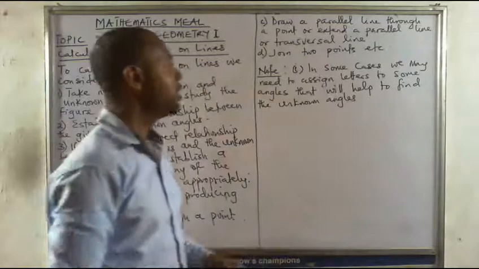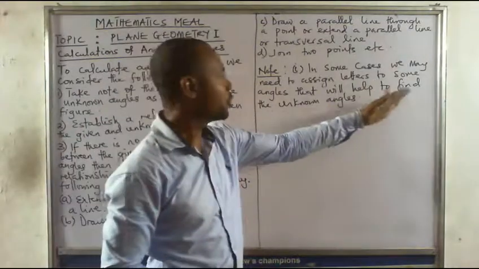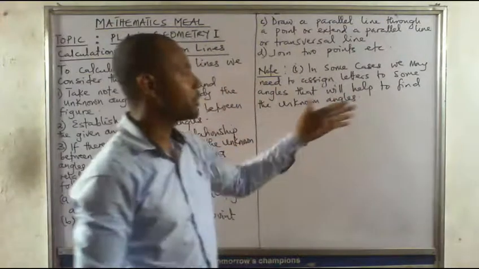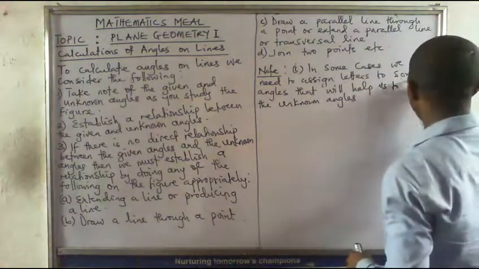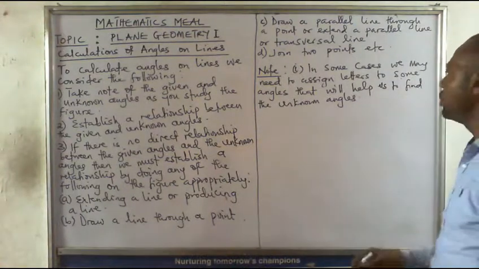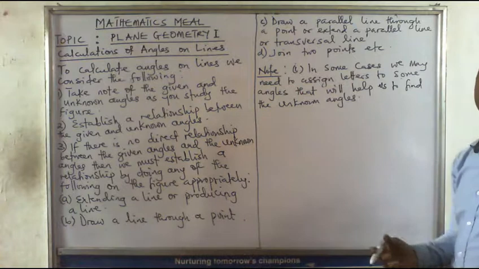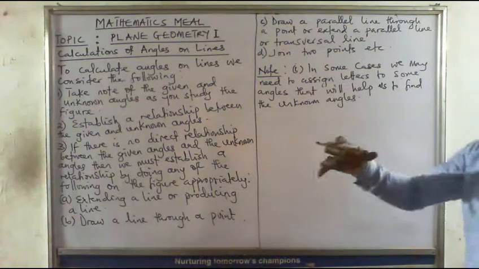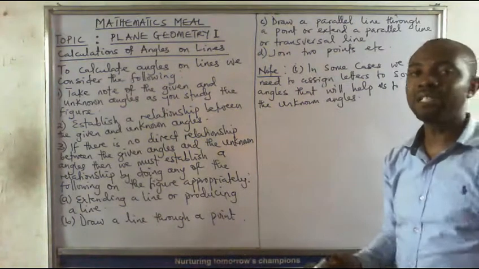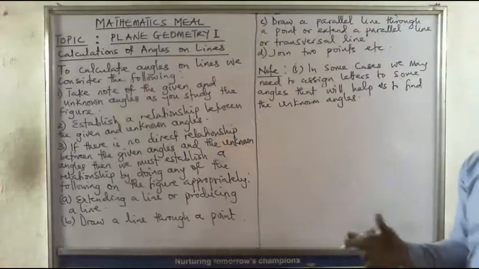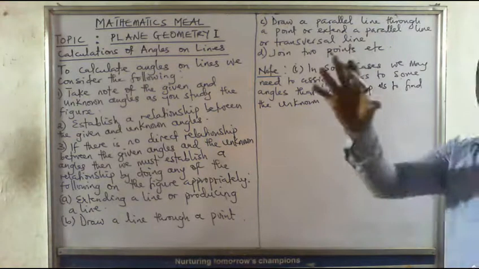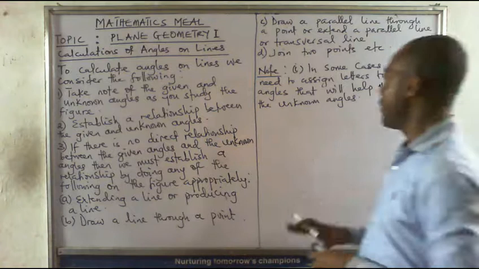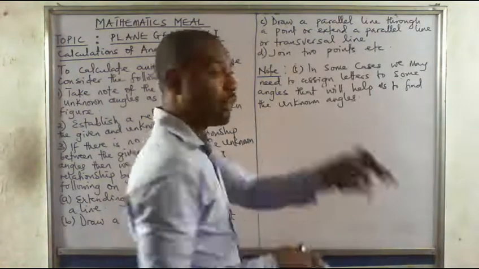In some cases, we may need to assign letters to some angles that will help us to find the unknown angles. What do we mean by that? There are angles that may be connected to the unknown angle that we may need to find first. So we assign letters to them and then find them in order to find the unknown angle.